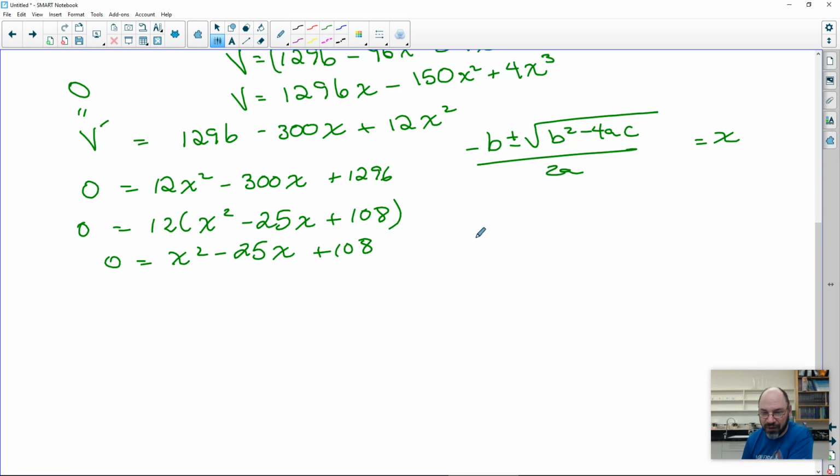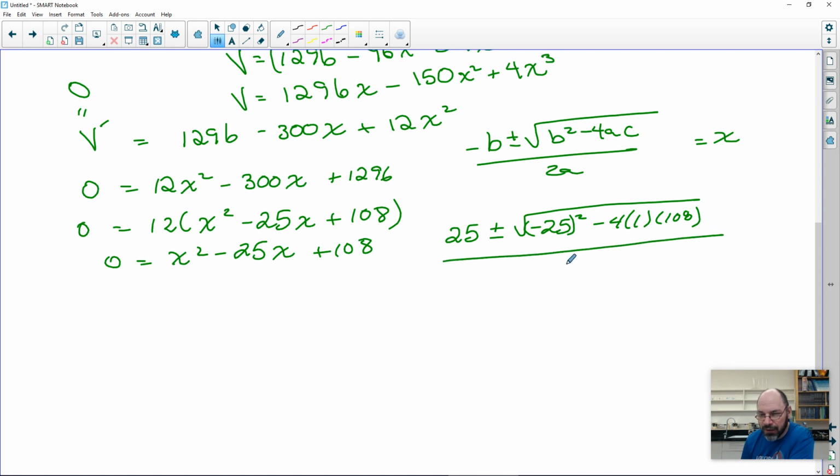Okay, so negative b, so that's 25 plus or minus the square root of negative 25 squared minus 4 times a, which was 1 in our case, and c, which is 108, over 2 times 1.